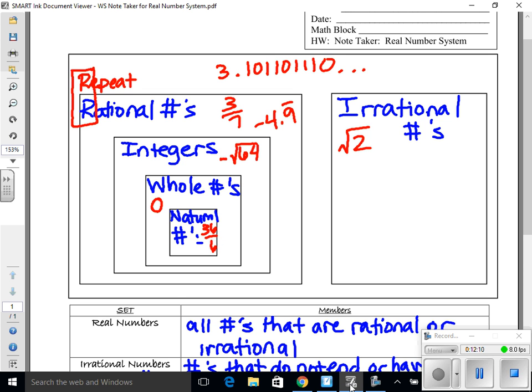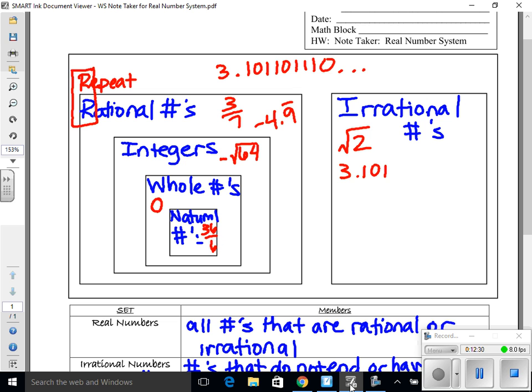Well, if you're looking for a repeating pattern, that means that you can put the bar over it. If I'm looking at this number, there's absolutely no way I can write a decimal with a repeater bar. So that means that this number does have a pattern, but it's not repeating, which means it has to go on the irrational side.